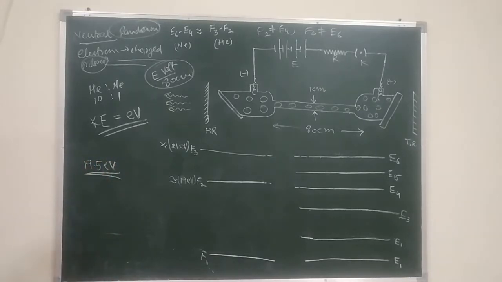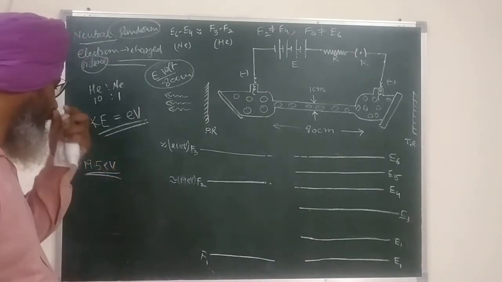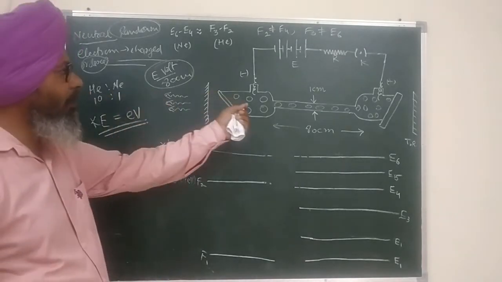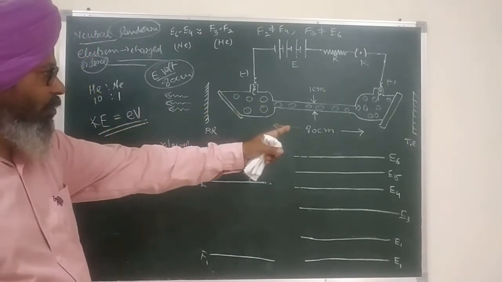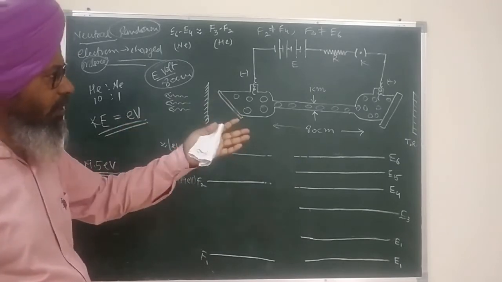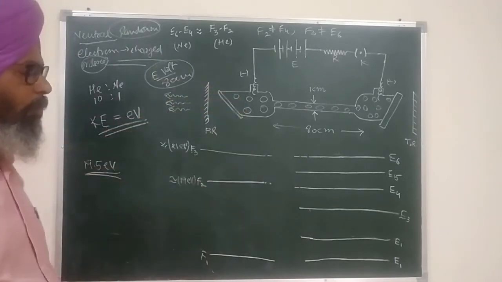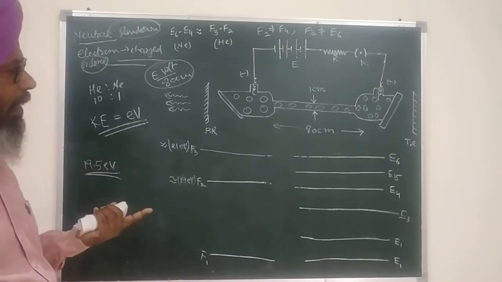Now what will happen when an electron which has gained kinetic energy of the order of 19.5 eV collides with a gas molecule, because there are two kinds of gases, helium as well as neon. Since it is a statistical process and molecules are moving randomly, the electron can collide with any gas molecule.